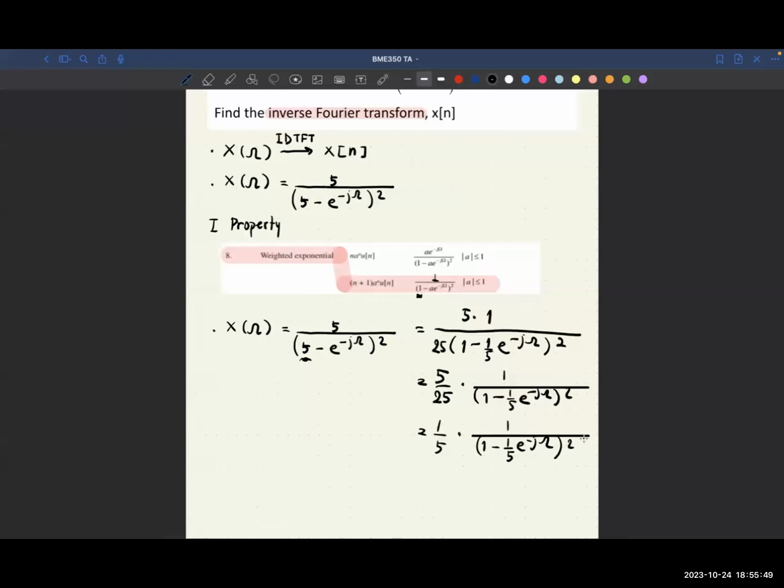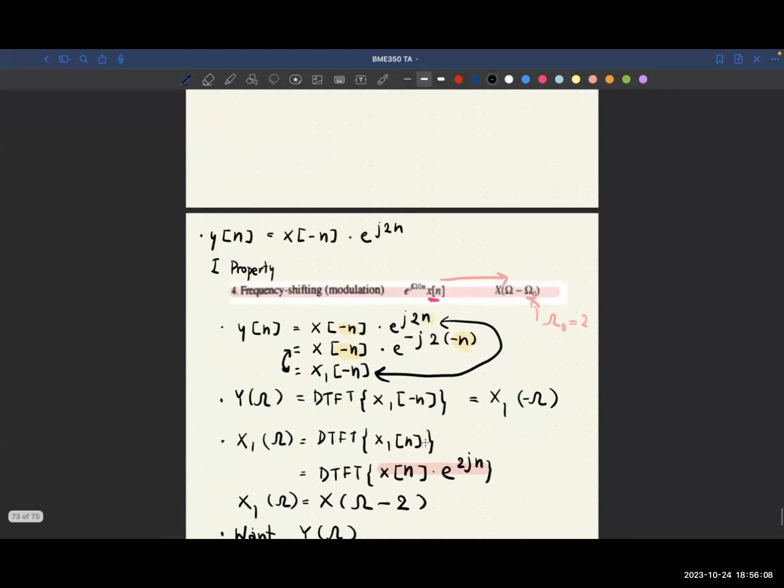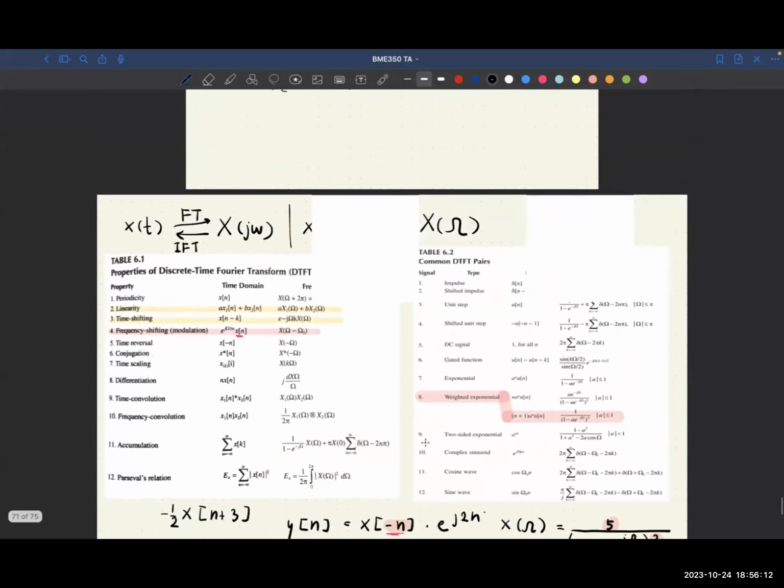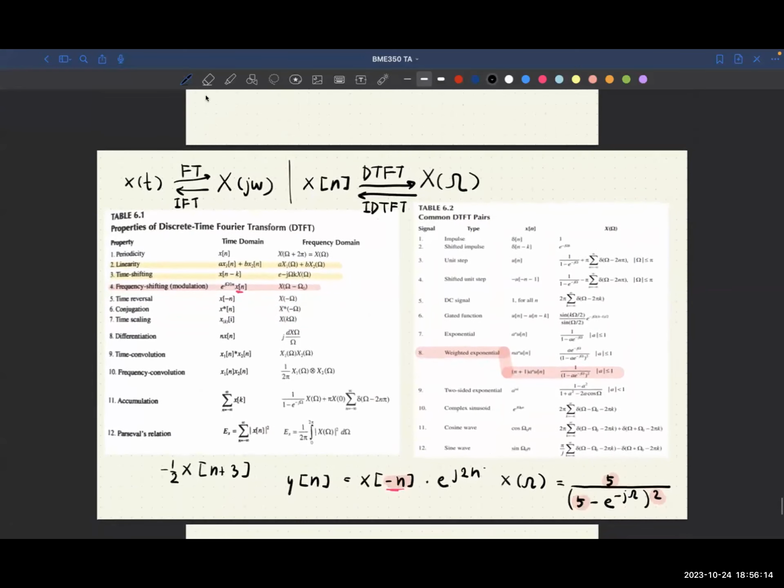Oh, yes, this is our X omega. Okay, we know that we needed one property for sure for the weighted exponential, but since I have 1 over 5 here, it will involve linearity, right? Let me snip that too.